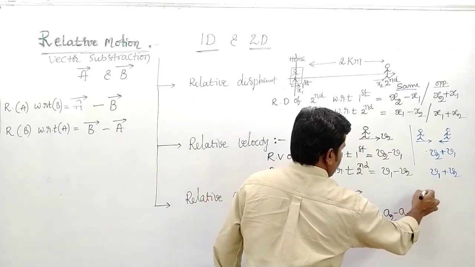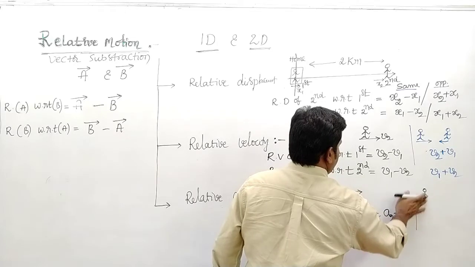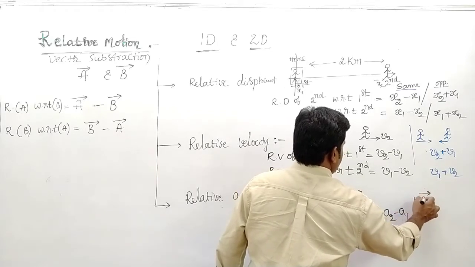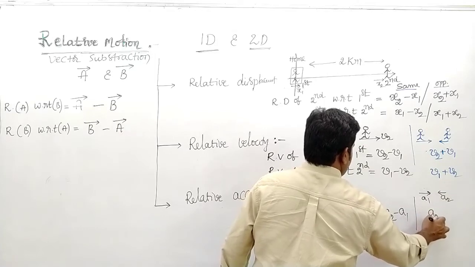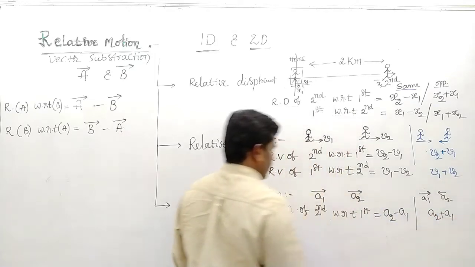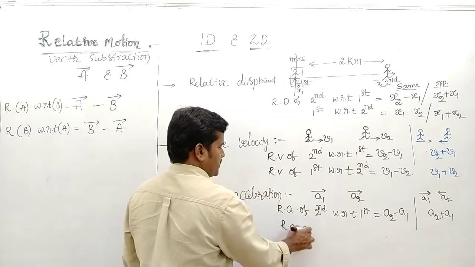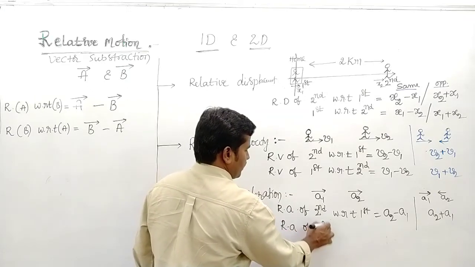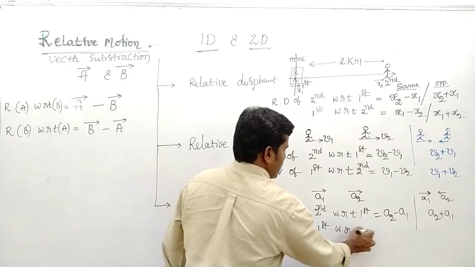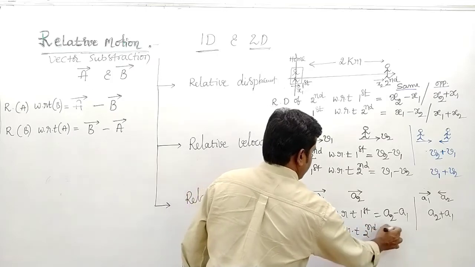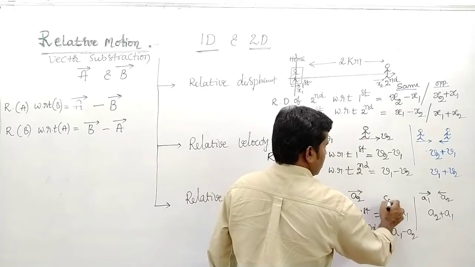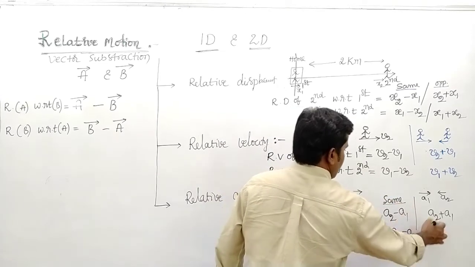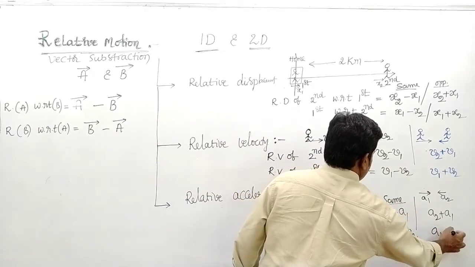In opposite directions, approaching, this is a1, this is a2, and its value is a2 plus a1. Similarly, the relative acceleration of first with respect to second becomes a1 minus a2 in the same direction. In opposite direction, a1 plus a2.